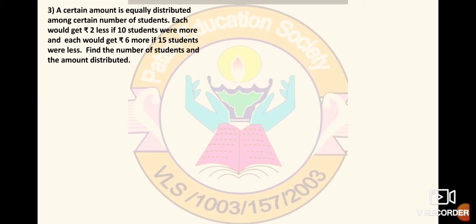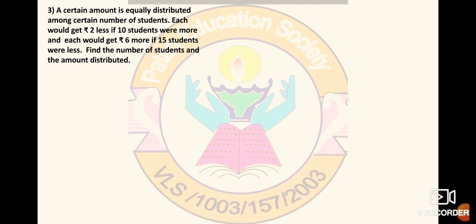Hello students, in this video we are going to learn example number 3, which is there already on the screen. You can see a fixed amount that we are going to distribute equally among a certain number of students.